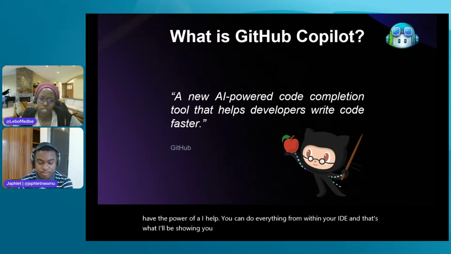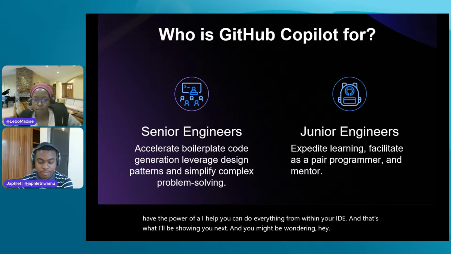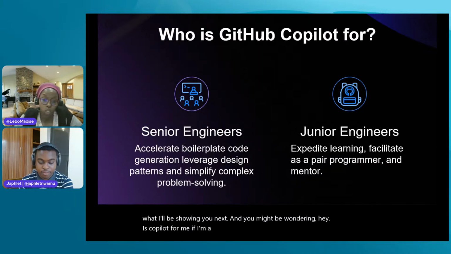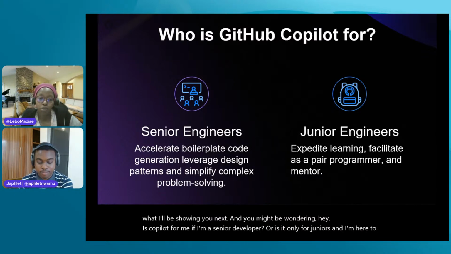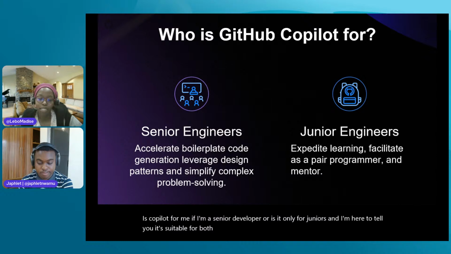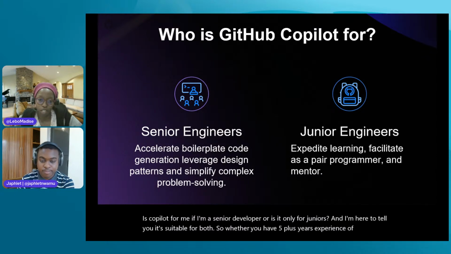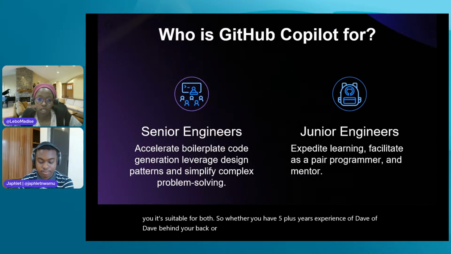And you might be wondering, hey, is Copilot for me if I'm a senior developer, or is it only for juniors? And I'm here to tell you it's suitable for both. So whether you have 5+ years experience of dev behind your back, or you're an early in career software developer, there's a Copilot feature that is suitable for you.